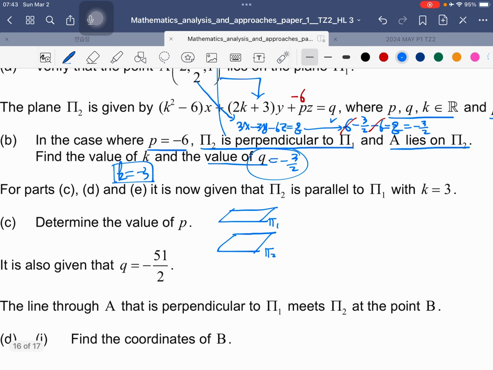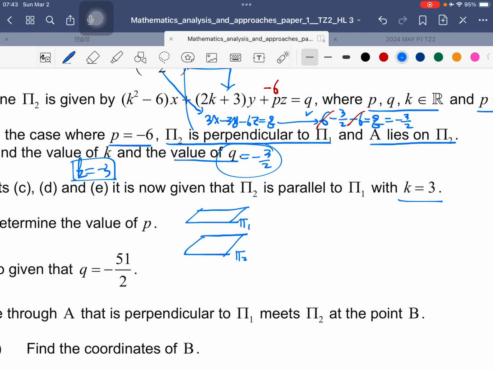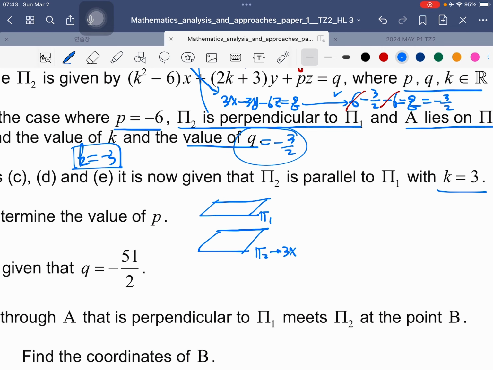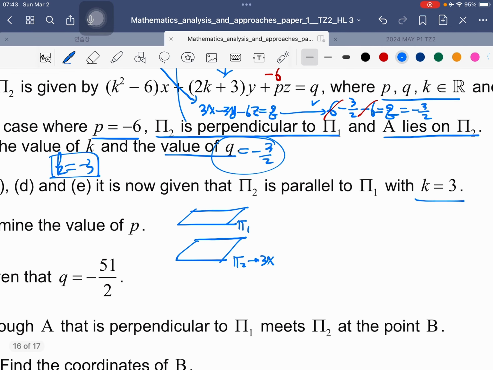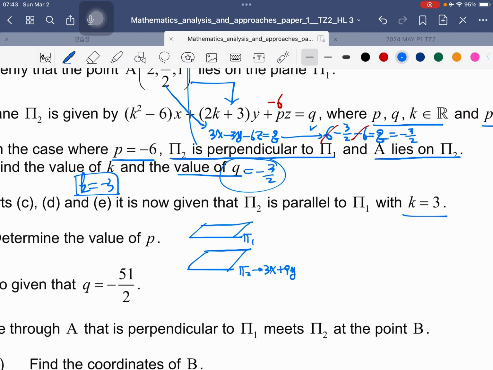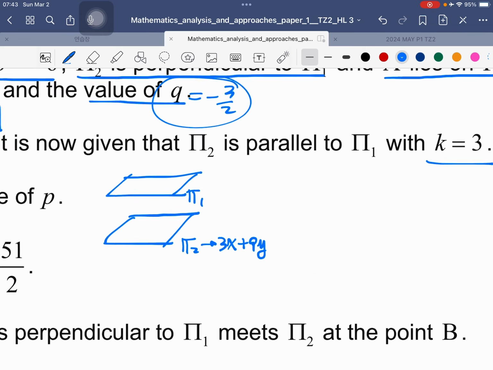With k equals 3, k squared is 9 minus 6, so 3x. The pi 2 equation is 3x plus, with k equals 3, 2k plus 3 is 6 plus 3, so 9y, and then p is not given. We don't know p, right?